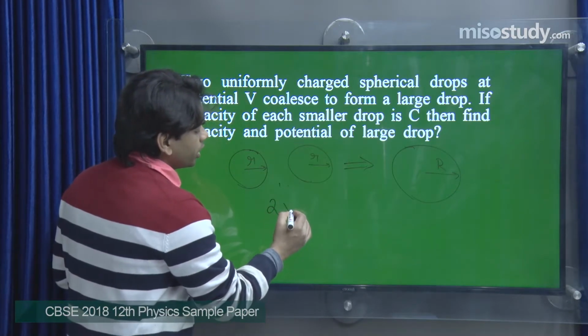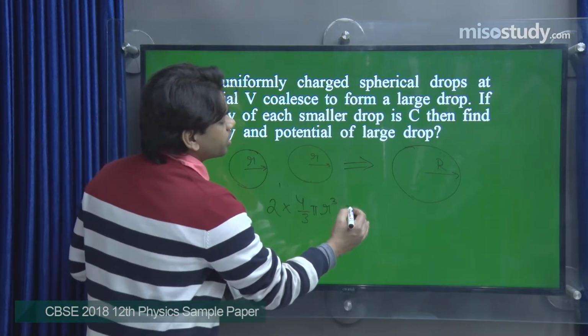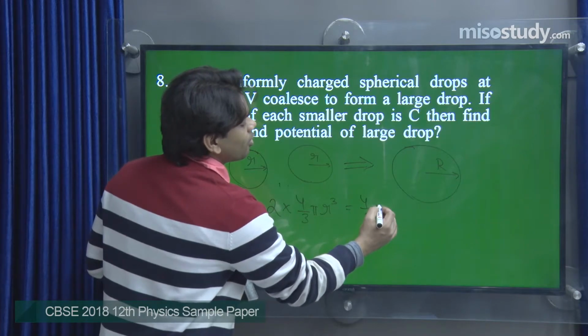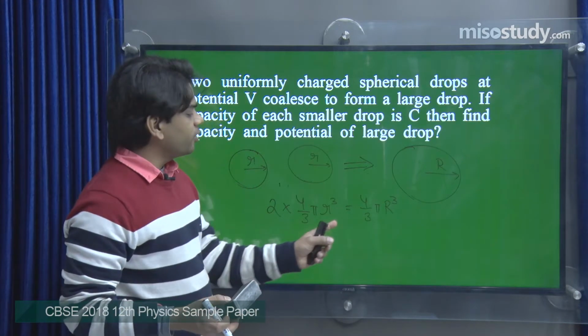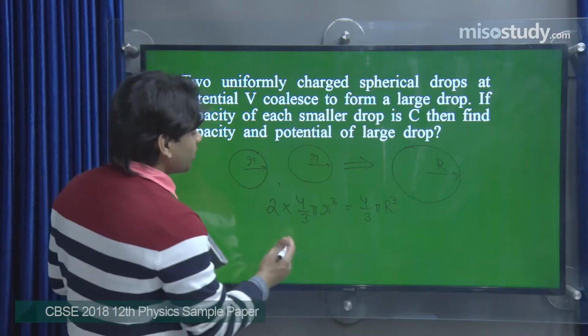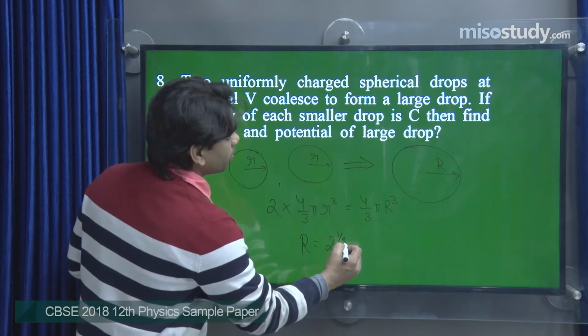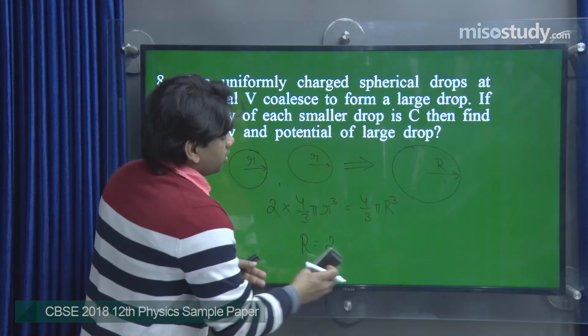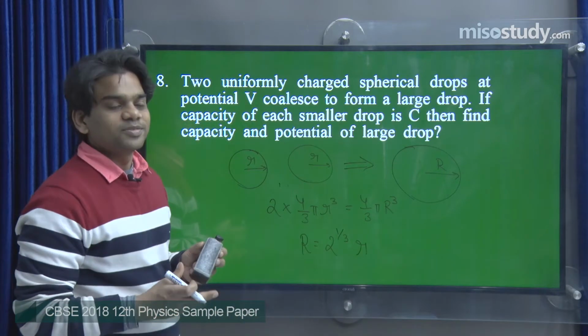So 2 into 4 by 3 pi r cube is equal to 4 by 3 pi capital R cube. From here you can see 4 by 3 pi, 4 by 3 pi will cancel out. We will have capital R is equal to 2 to the power 1 by 3 into small r. We got one relation.